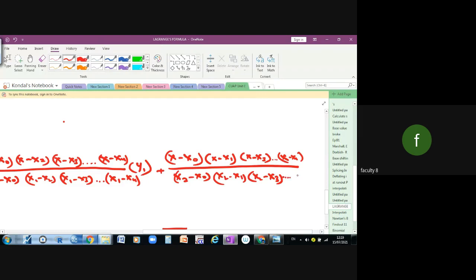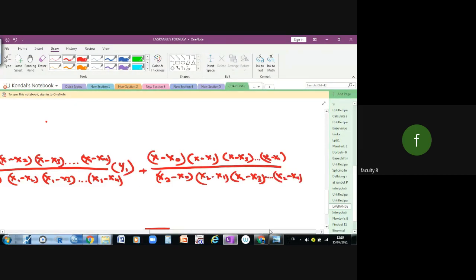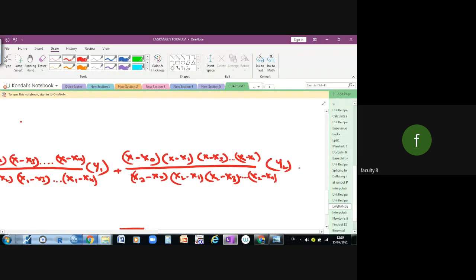So here y1, so here y2. So up to the number of observations we will take like that.